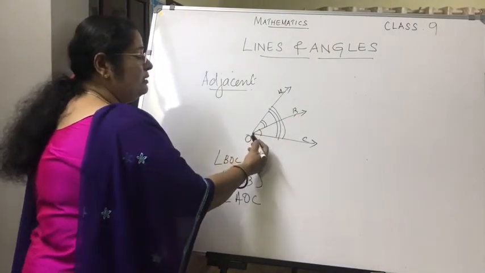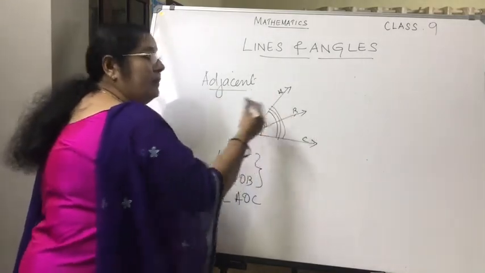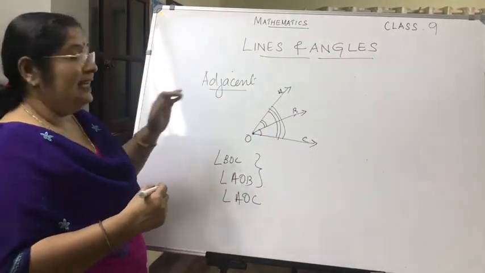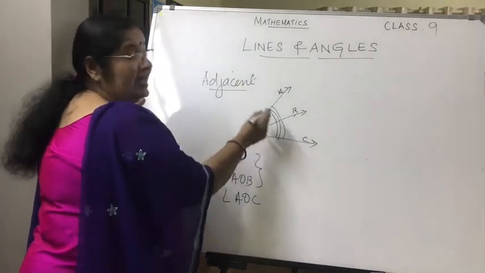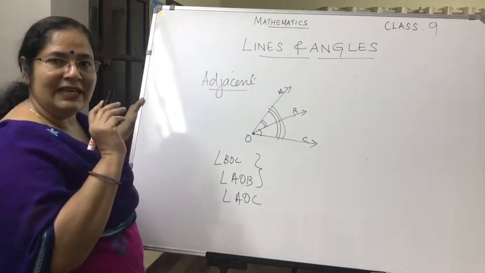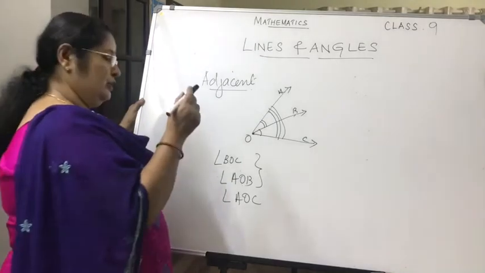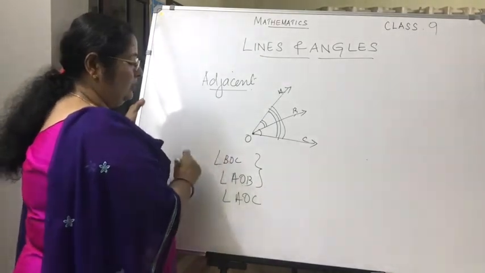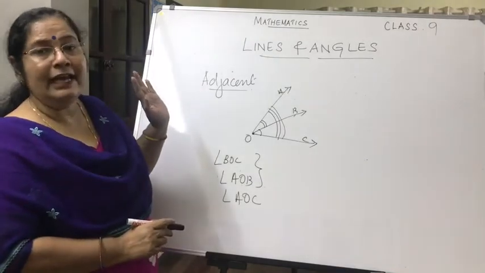Now how are these OC and OA placed with respect to the common arm OB? They are placed on either side of OB. So is that condition satisfied? Yes, the third condition is also satisfied. So we can say angle BOC and angle AOB are a pair of adjacent angles.